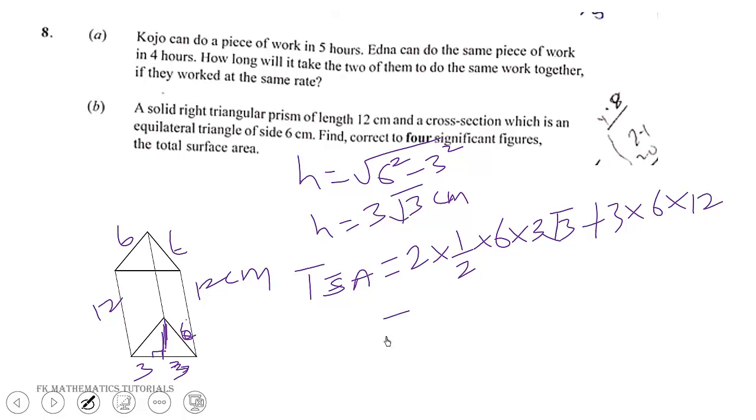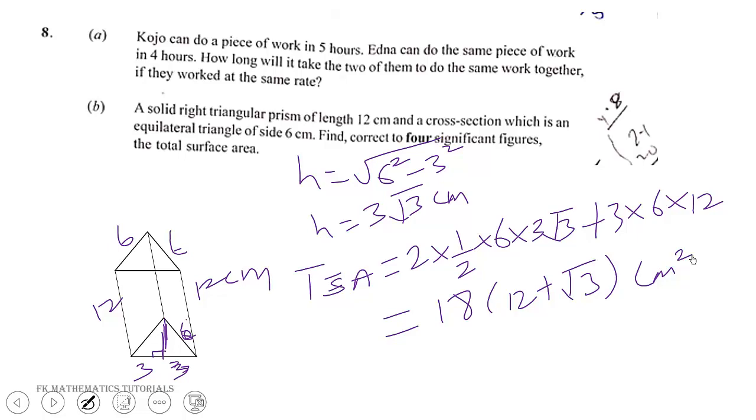So that will give us 6 root 3, 6 root 3, 18 root 3, added to 3 times 6 times 12. So that will give us 18 into brackets 12 plus root 3 centimeters squared.